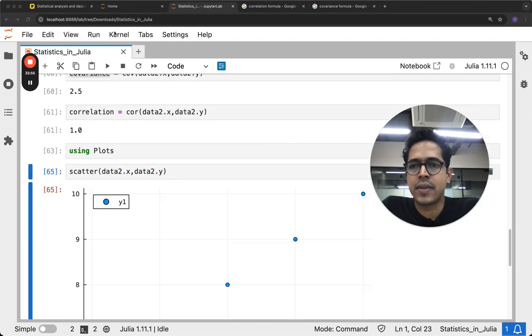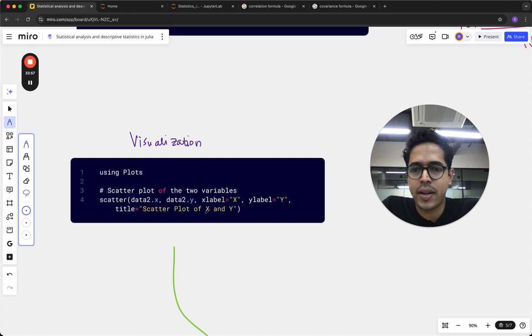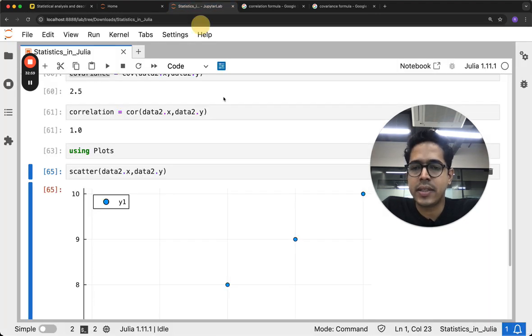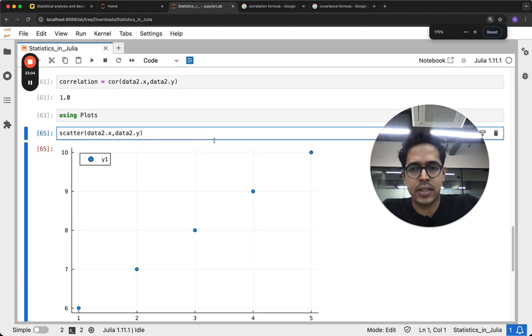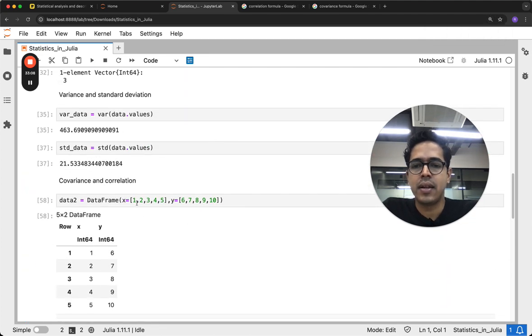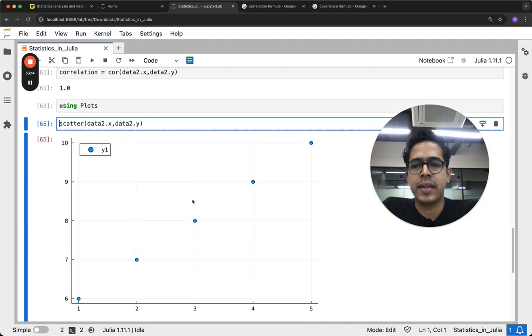In fact, what are we plotting here? We are plotting x against y only. So we don't have two sets of straight lines. We are simply plotting how x relates with y. When x is 1, y is 6; x is 2, y is 7. So there is a linear, positive correlation between x and y.